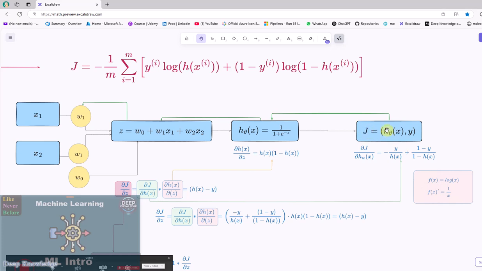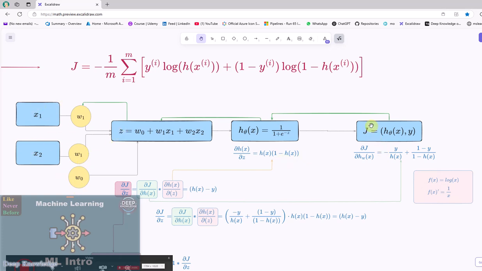The input to our loss function is the hypothesis, let's say the sigmoid function, and the output is y. The input to the sigmoid is z, and the output is the sigmoid value. The input to z is the weights and the input data, and the output is z.